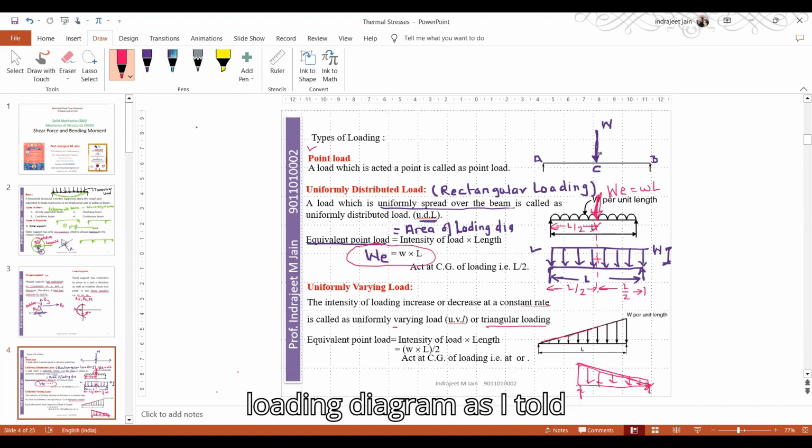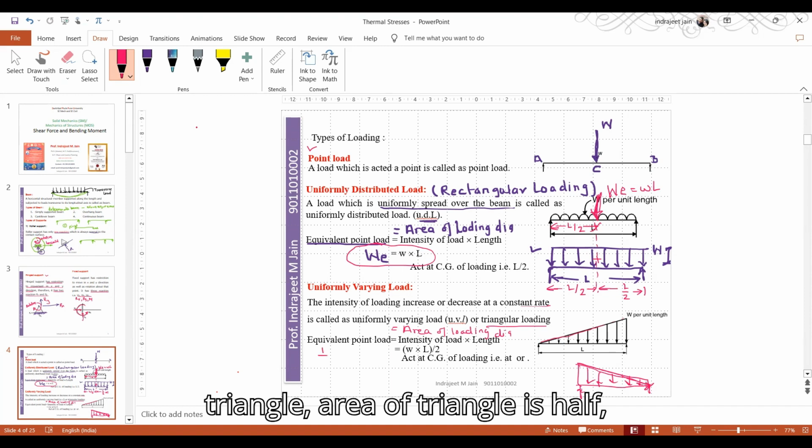So the area of the loading diagram, as I told above, will give us equivalent point load. Now it's a triangle. Area of triangle is half base into height.